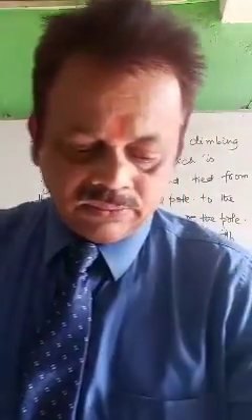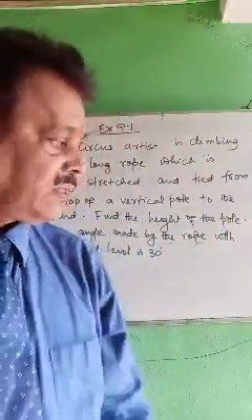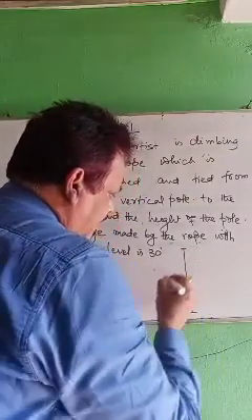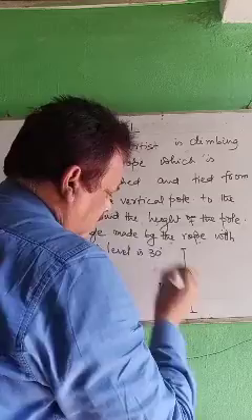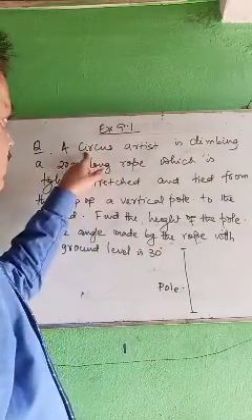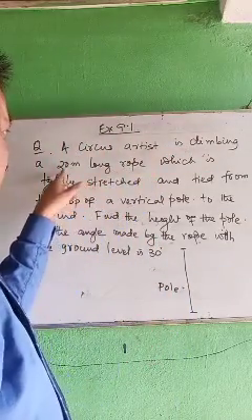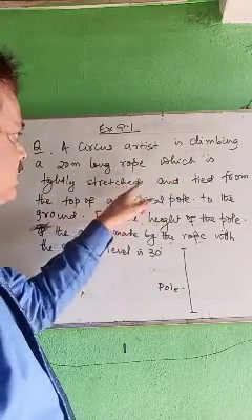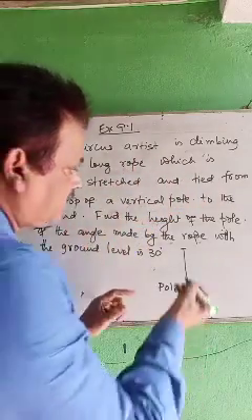So what you need here is to understand, suppose there is a pole here. The pole is obviously straight. A circus artist is climbing a 20-meter long rope which is tightly stretched and tied to the top of the pole.